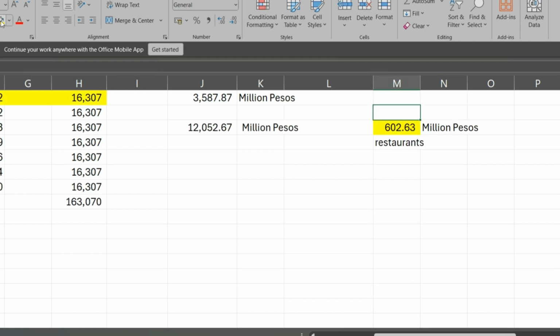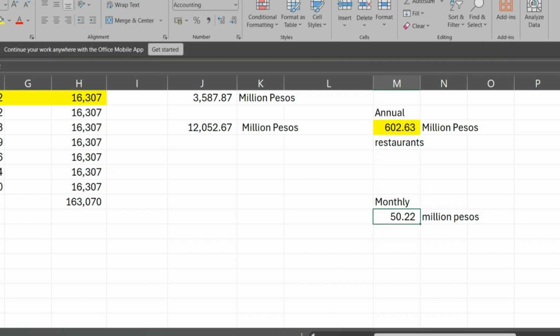So if that is your market, you have to note that this is actually annual. So if you divide it by 12, that is your monthly market. This is your monthly, and this is your annual, 602 million.